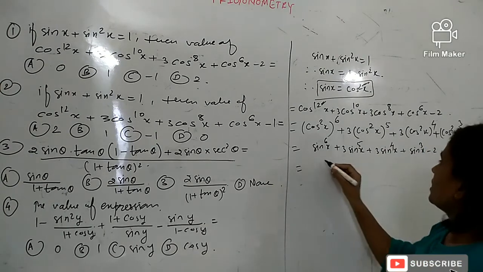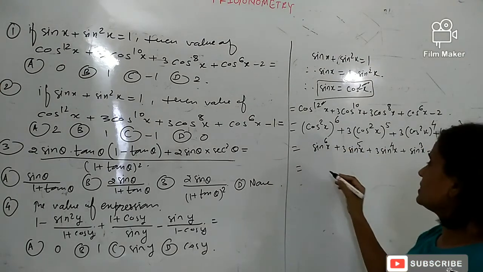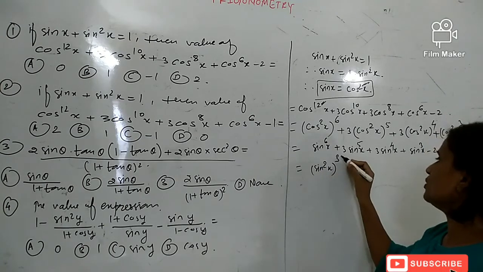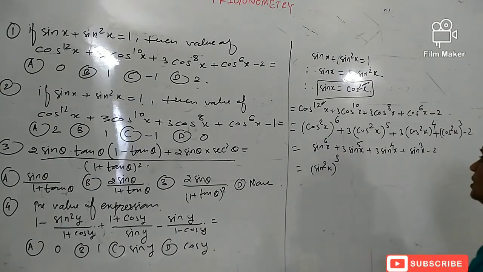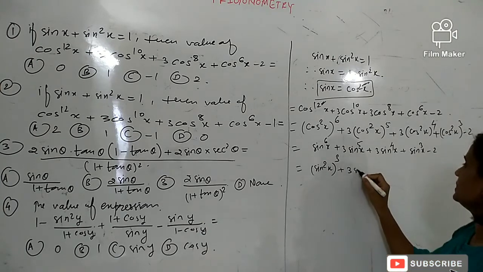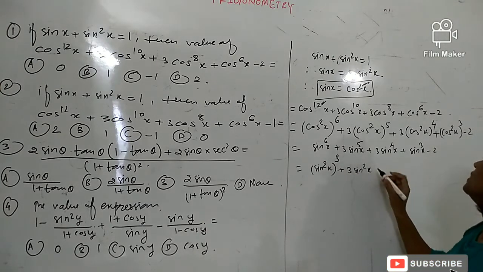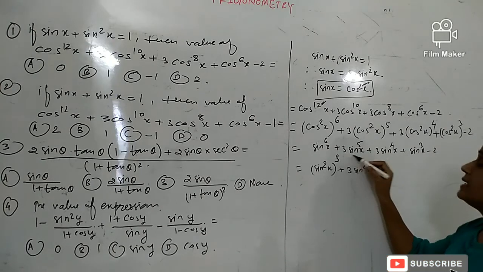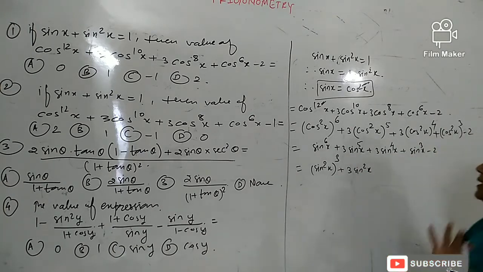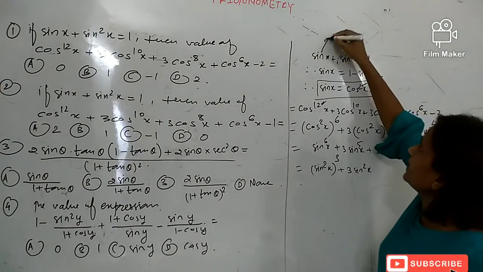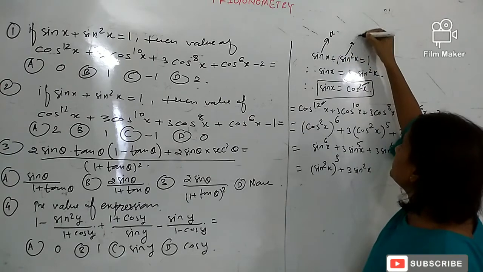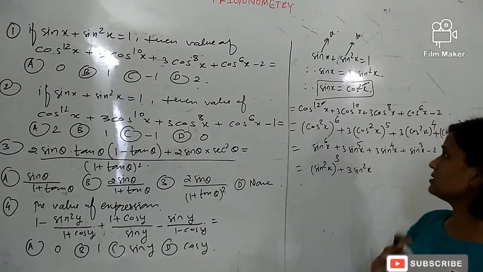So I can write this sin to the power 6x as sin square x whole cube. Again I will get the power 6 plus 3 sin square x into sin to the power 5 plus 3 sin to the power 4. In this case my a value is sin x and my b value is sin square x.